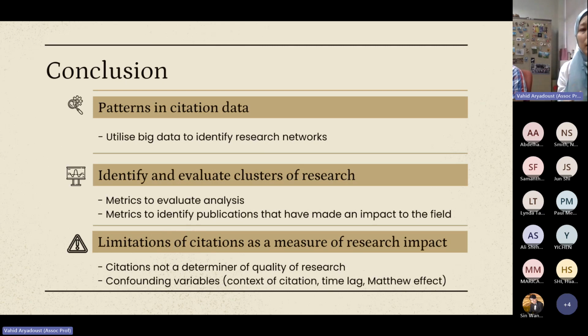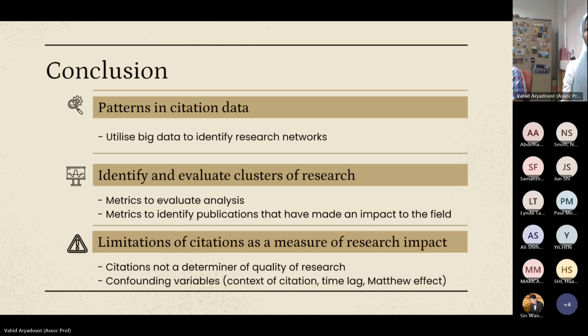These metrics can be used to evaluate the scientometric analysis itself, and also to identify the publications that have made an impact to the field. So if you want to use it for your own research, metrics to identify publications that have made an impact to the field would be of more relevance to you.